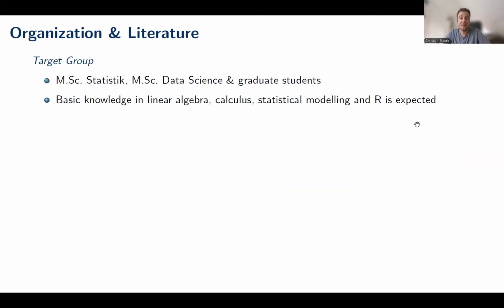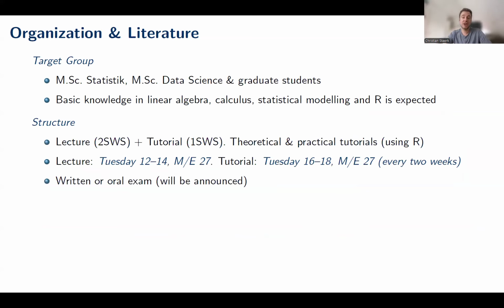So just to sum up some organizational stuff, the target group for this course is Master of Science Statistics, Master of Science Data Science, and also interested graduate students. We assume that you have basic knowledge in linear algebra, calculus, statistical modeling, and R. The structure of the course will be 2 hours lecture per week, and every second week we also have a tutorial.